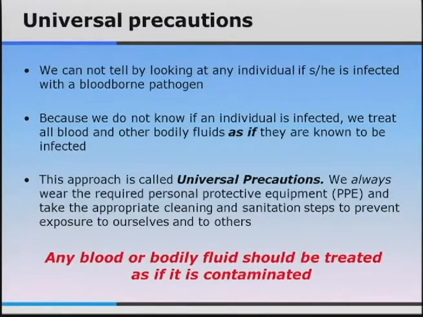We always wear the required personal protective equipment, or PPE, and take the appropriate cleaning and sanitation steps to prevent exposure to ourselves and to others. Remember, any blood or bodily fluid should be treated as if it's contaminated. Examples of bodily fluids include spit, sweat, urine, feces, and vomit.